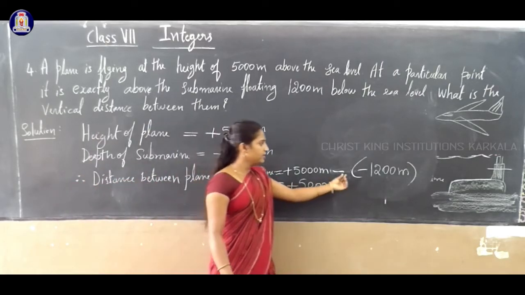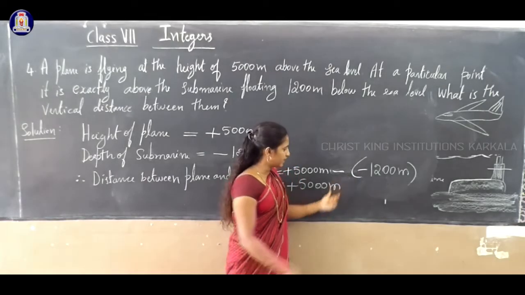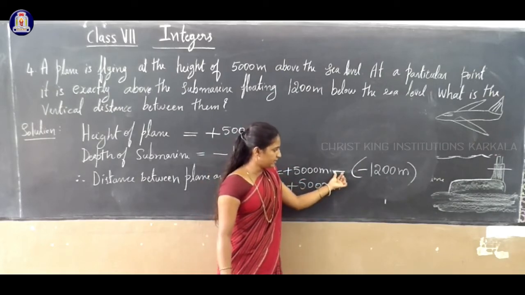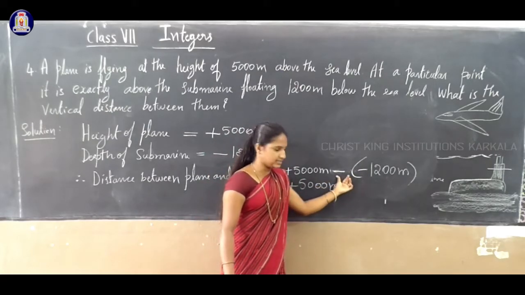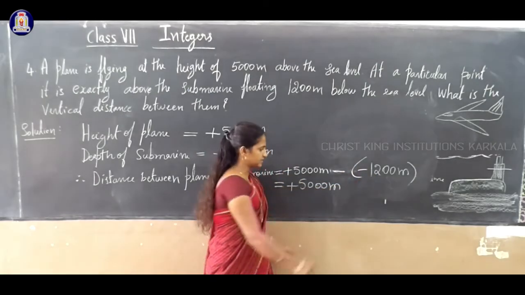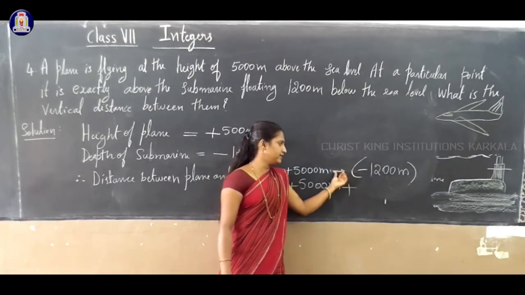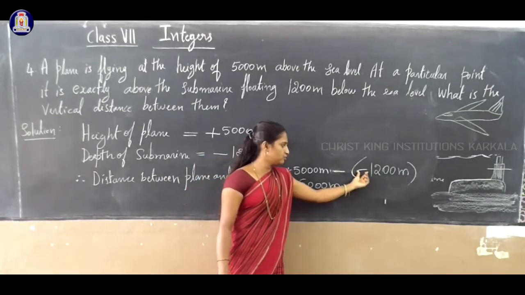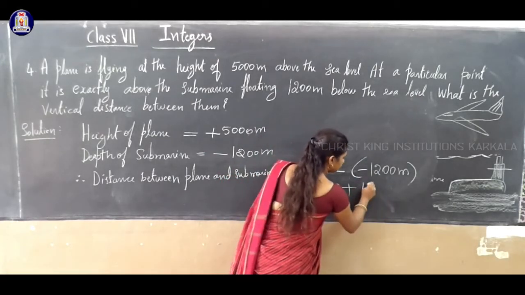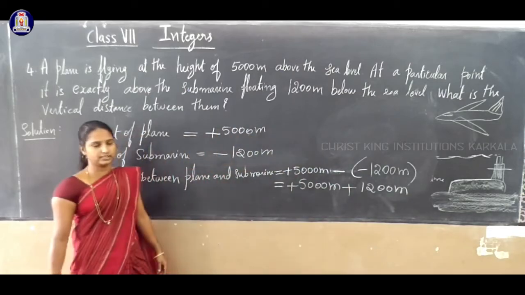So now see how to remove this bracket. When you get a bracket in between two signs, you have to multiply the signs. Minus into minus is plus, correct? Here you multiply minus into minus, and we get plus. Then the number here is 1200 meter.